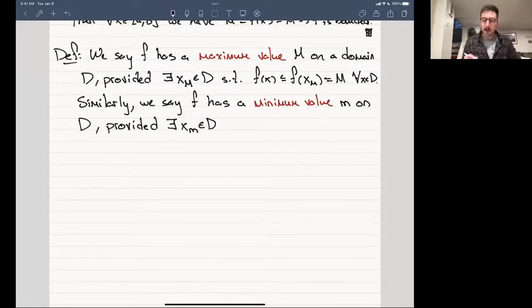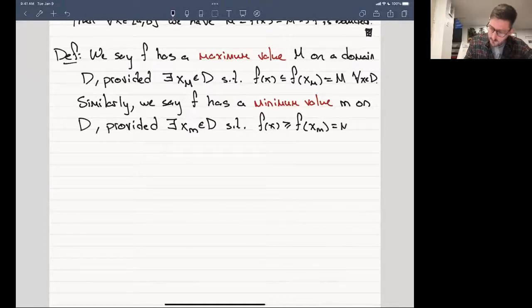Now, I know that the x capital M and x little m sort of look alike. I'm making my little m's rounded and my capital M's very jagged and sharp so that we can disambiguate these. Such that if I take any other point in the domain, this is going to be greater than or equal to my x sub m, and this is again for all x in D. Okay, so this tells you that you have a maximum or a minimum value for your function f.